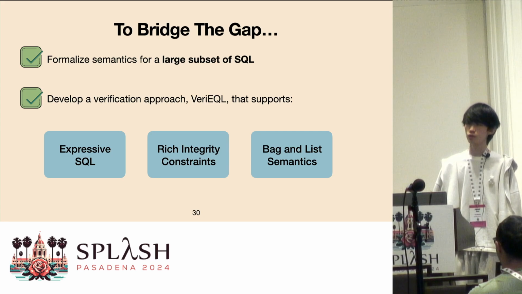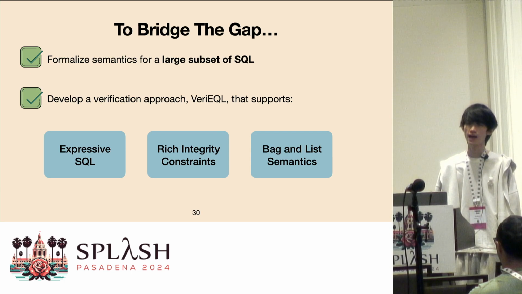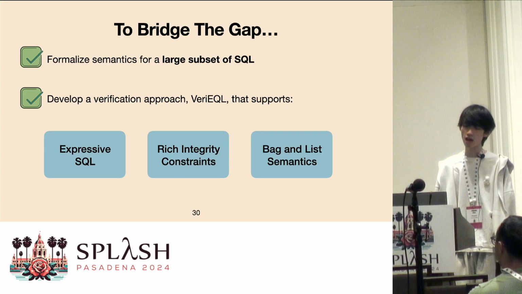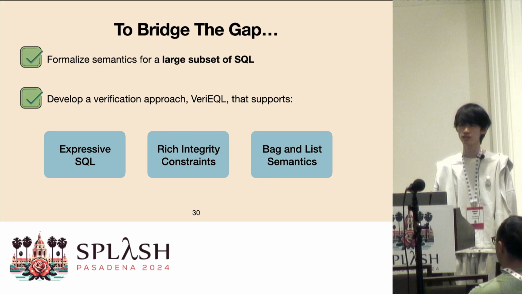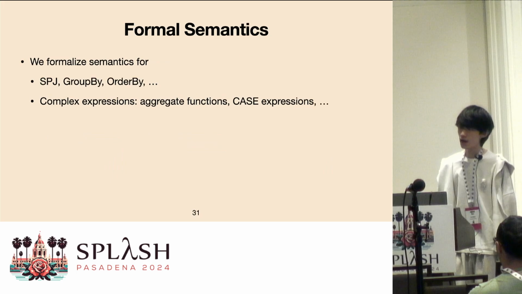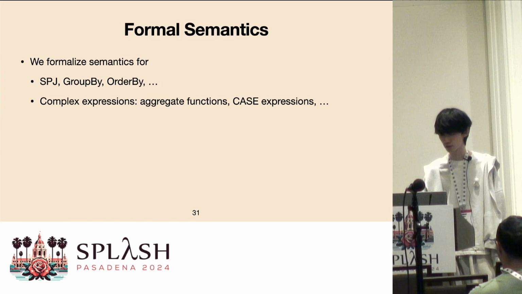It supports rich integrity constraints, and it supports checking equivalence under list semantics to account for ordered results. This approach would allow us to tackle the full spectrum of SQL equivalence verification challenges identified in our benchmarks. And in the rest of my talk, I'm going to expand on our formal semantics and our verification approach, VeriEQL.